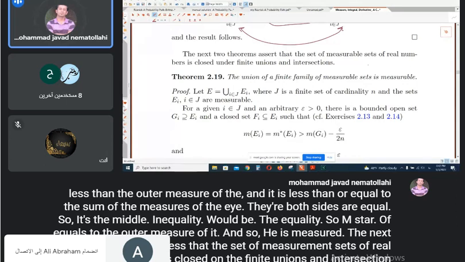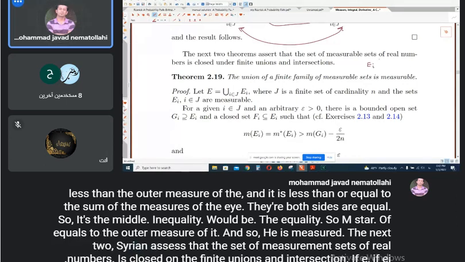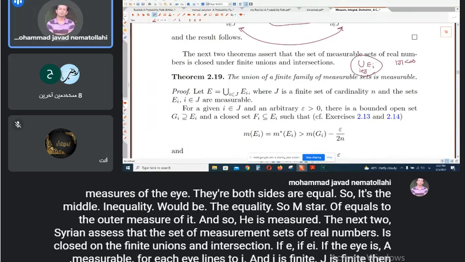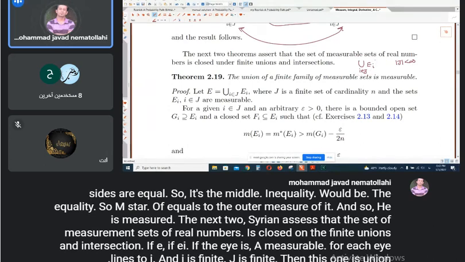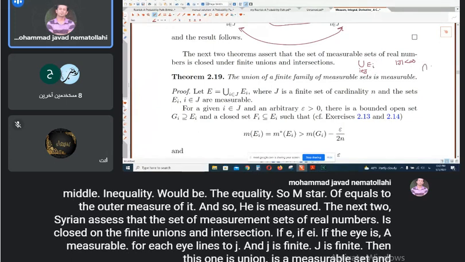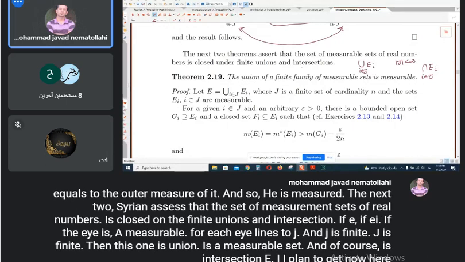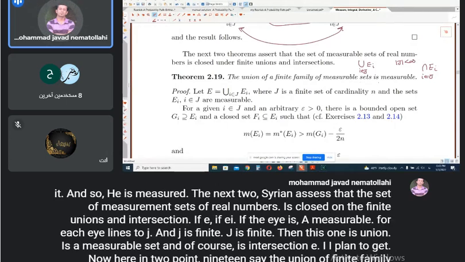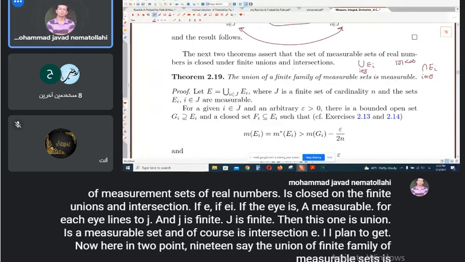If E_i is measurable for each i belongs to J, and J is finite, then this union is a measurable set, and of course its intersection of E_i, i belongs to J. Now theorem 2.19 says the union of a finite family of measurable sets is measurable. The union of a finite family.